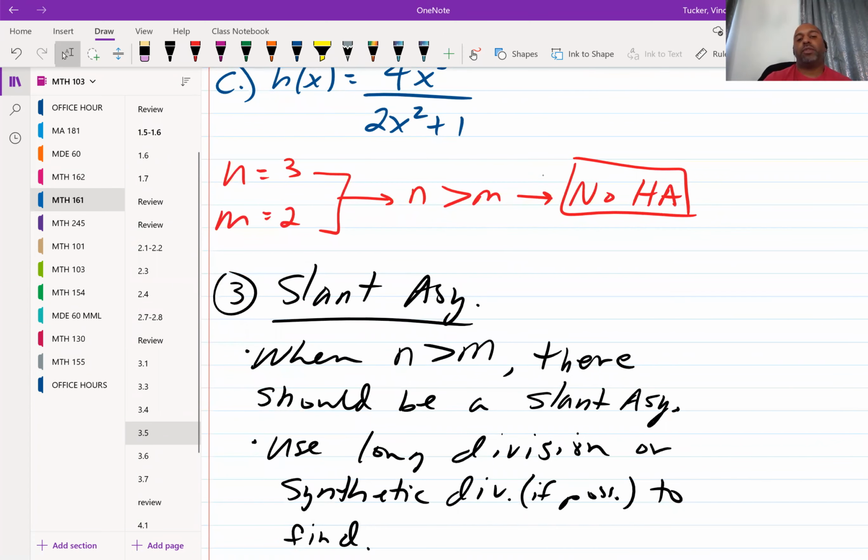So your slant asymptote, when n is greater than m, your numerator's exponent is greater than your denominator's exponent, there should be a slant asymptote. And so we would use long division or synthetic division if possible to find it.